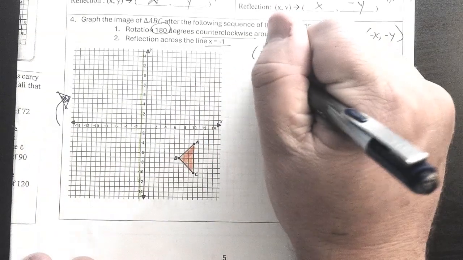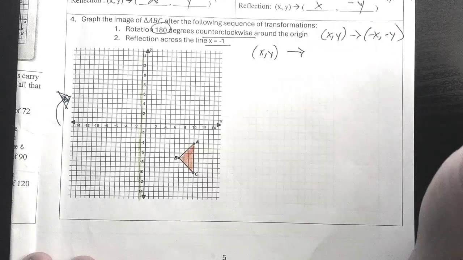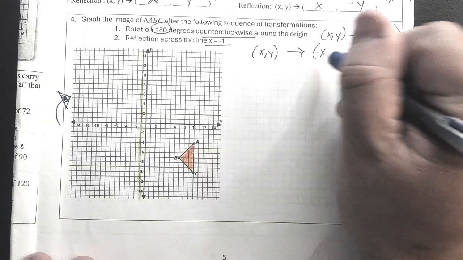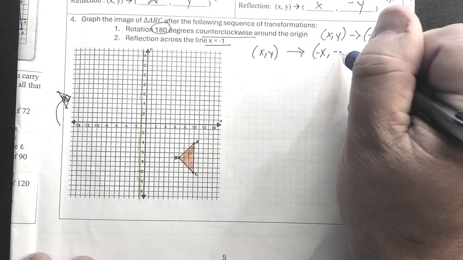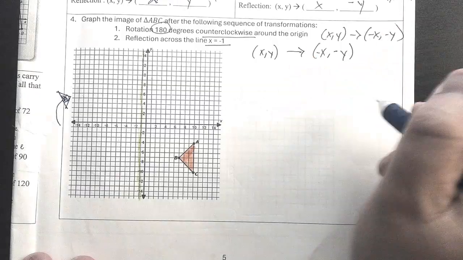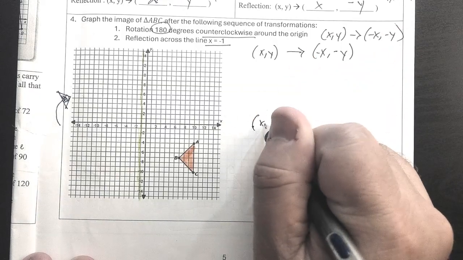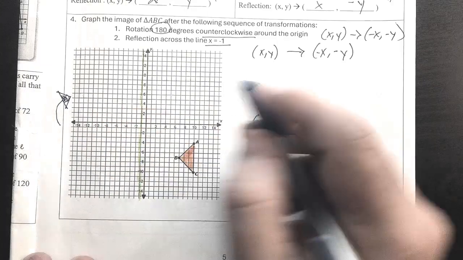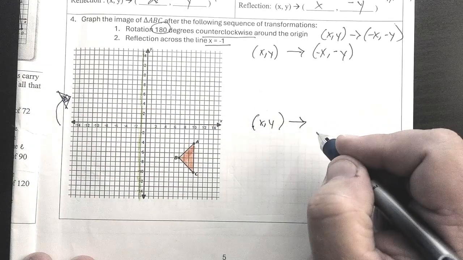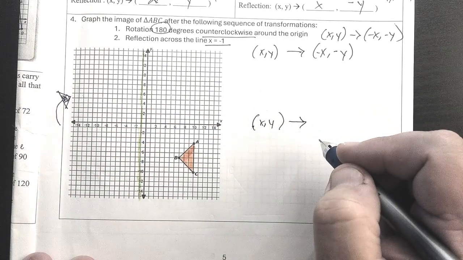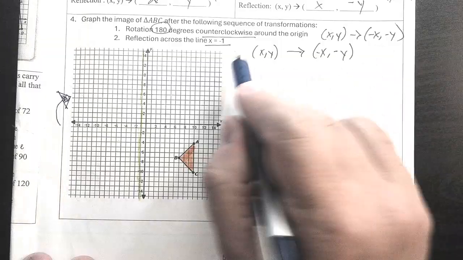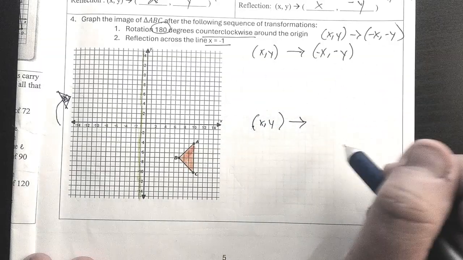So what you're going to do is your x comma y. I'm going to show you the paper way. So we're going to get here. Yeah, that's 180, and then for this there won't be a coordinate rule.